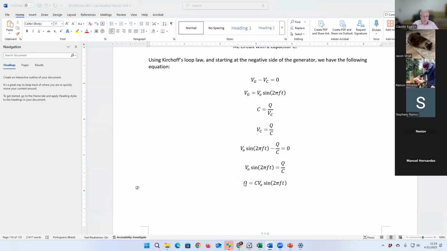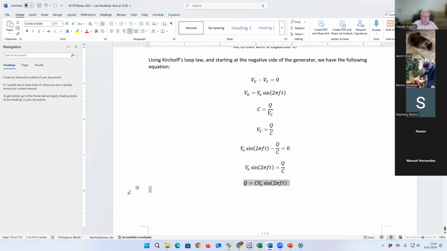That's the charge. That's how the charge varies. It's not how the current varies. The current is going to vary in a different way, right?